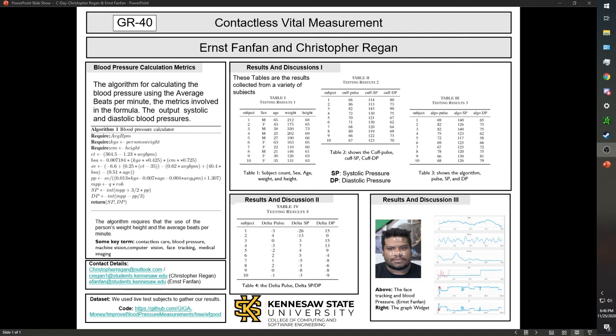We believe the reason those were off is that, when we get to work on this some more after this paper is submitted, we plan on using a better averaging formula for the pulse, and possibly not taking the first couple of seconds from when the software recognizes a face and starts collecting the pulse information.